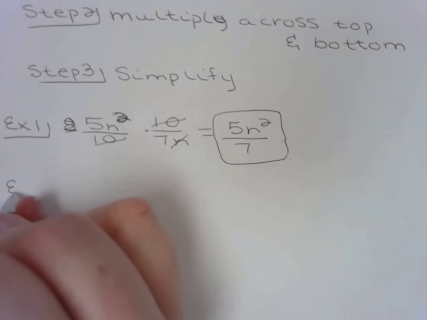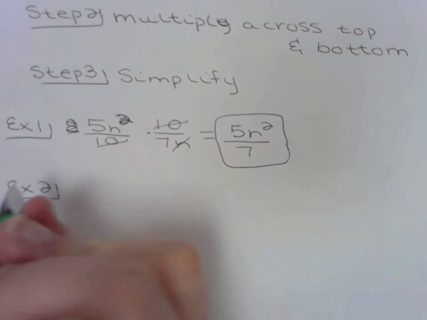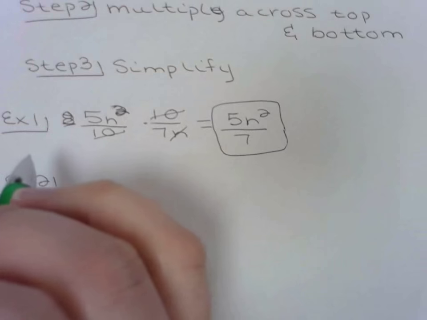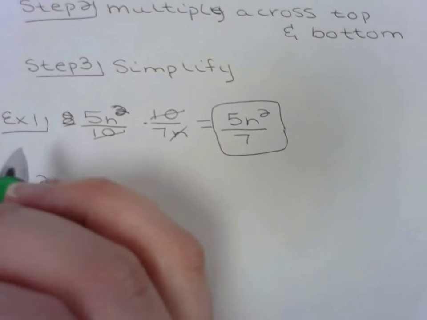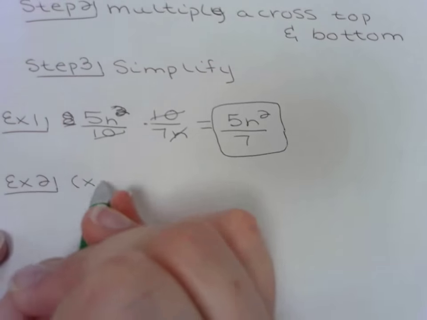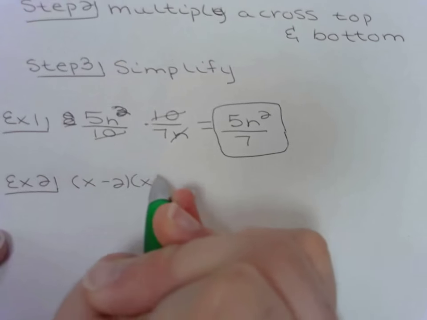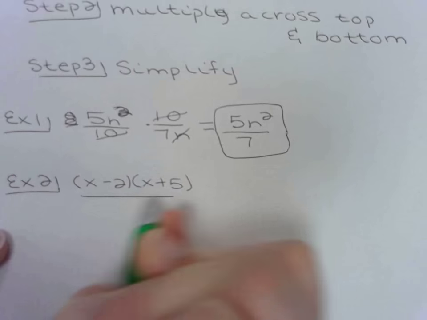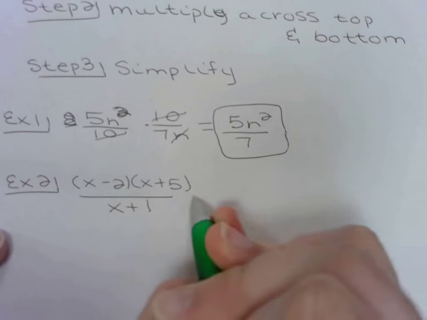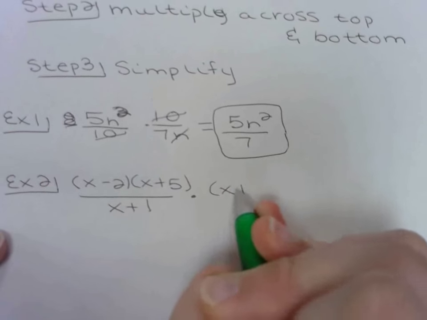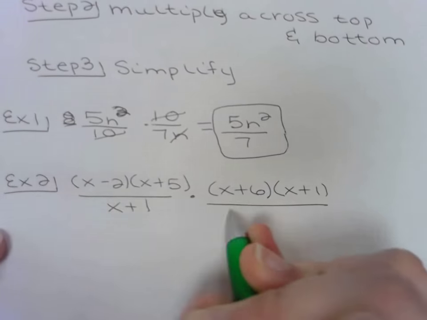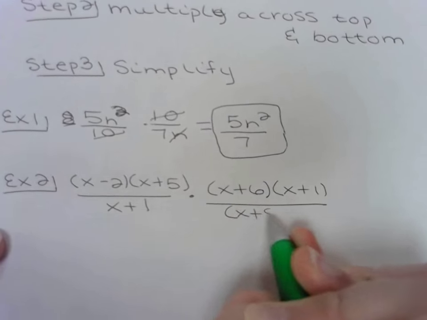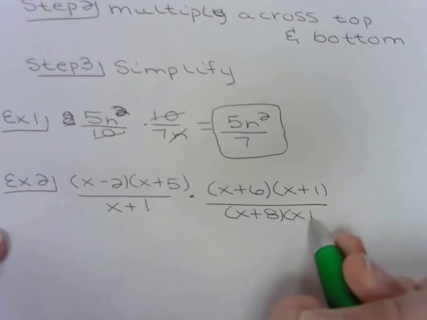Okay, let's look at another example. One like this. What if I have x minus 2 times x plus 5 all over x plus 1 times x plus 6 times x plus 1 over x plus 8 times x plus 5.